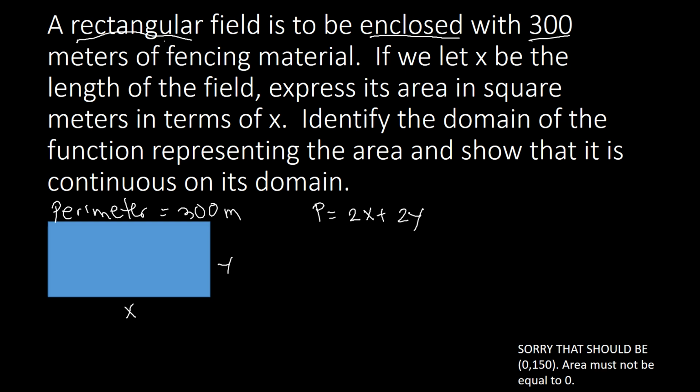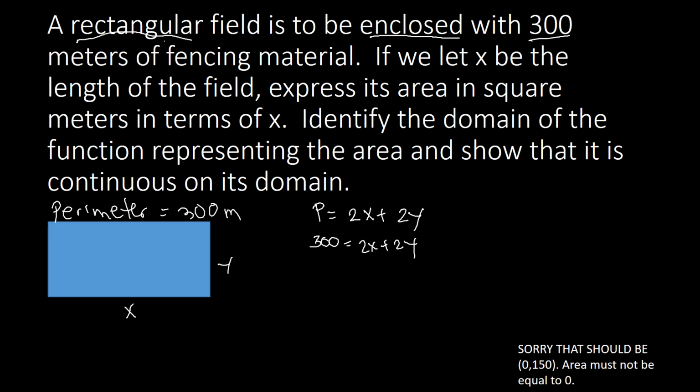Now we can plug in our perimeter value, 300. I'll use only the 300 without the units, so there won't be any unnecessary symbols in the computation later on. So we have 300 equal to 2x plus 2y. That will be our first equation.